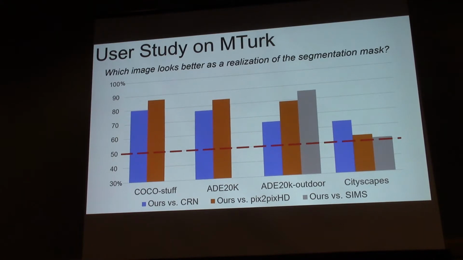You can see that our method consistently gets over 50%. On the Cityscapes dataset, because the dataset has saturated, we're close to 50%.